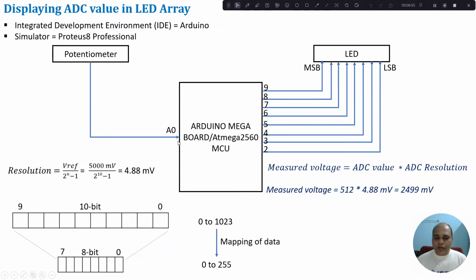So when I give 2.5 volt to the A0 pin, we will get a value of 512 after the conversion process. By multiplying this 512 with 4.88 millivolt, we can get the voltage at the ADC channel pin. That is what we do in this program. Now let us dive into the programming as well as the hardware circuit implementation part.